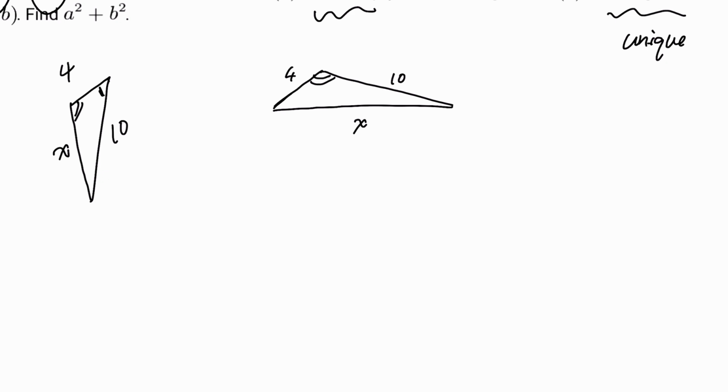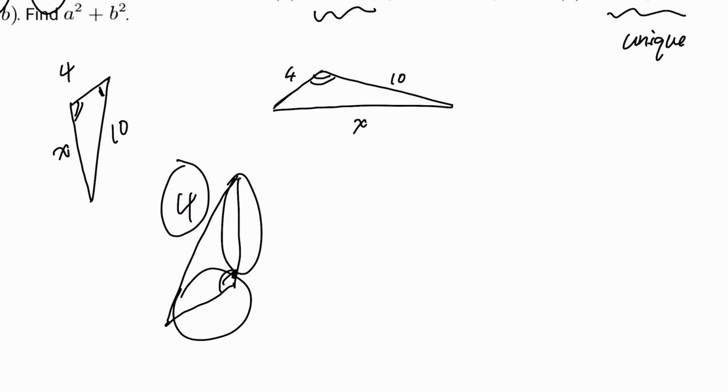Now, notice that 10 cannot have, let's think, if 10 has the obtuse angle corresponding to the 4, then this 4 must be bigger than both of these sides.